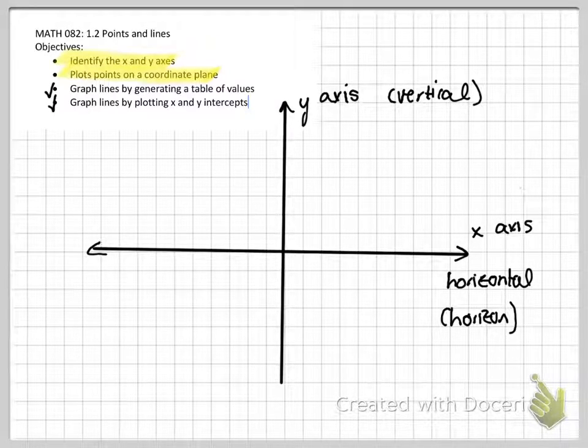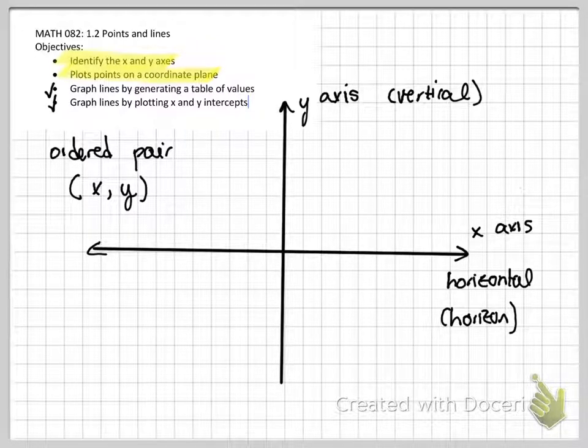So now we know the x-axis is the horizontal axis. We know the y-axis is the vertical axis. So in math, if you are asked to plot a point, you will be given what's called an ordered pair. Okay, and it will be in this form right here.